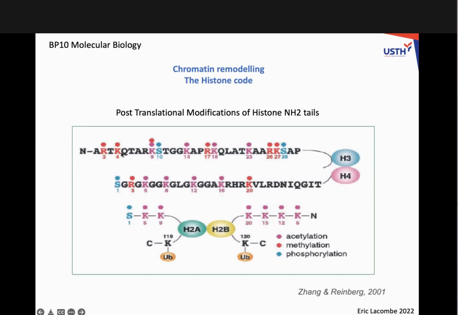We've got a specific N-terminal sequence for H3, for H4, for H2A, and for H2B. The little numbers at the bottom of the sequence are the position in the amino acid sequence. For example, this arginine is the second amino acid, this lysine is the 4th one, the 9th one, and so on.